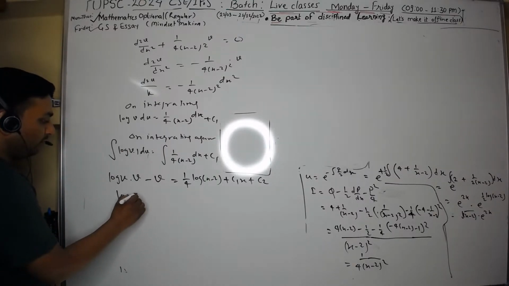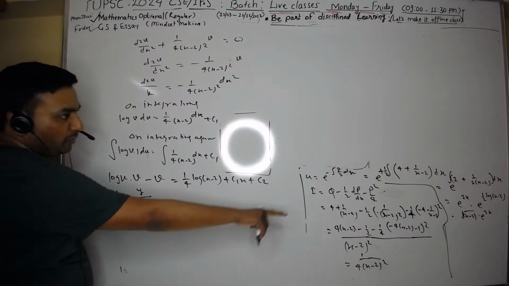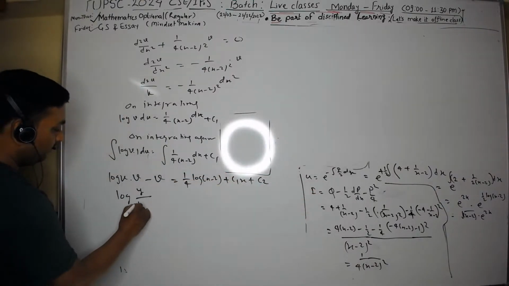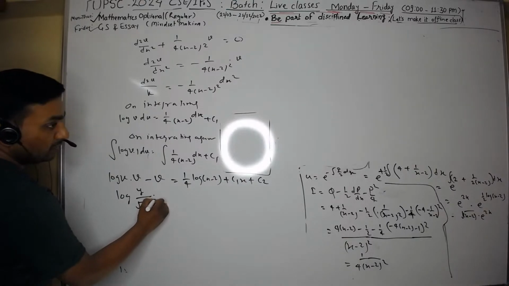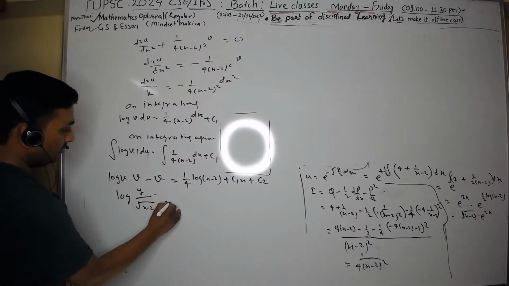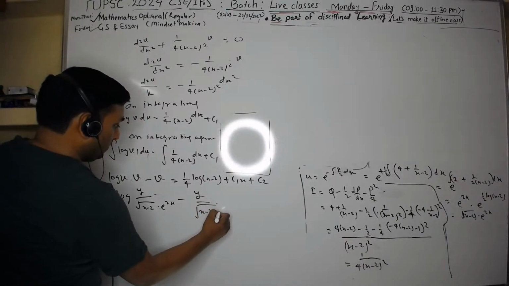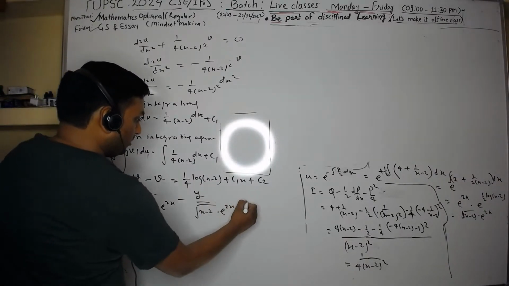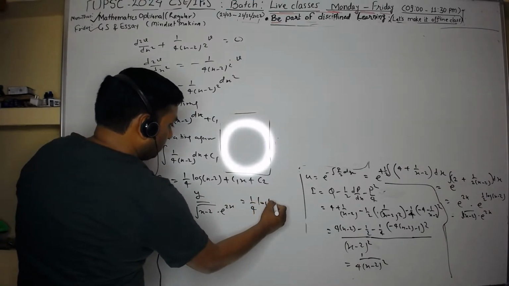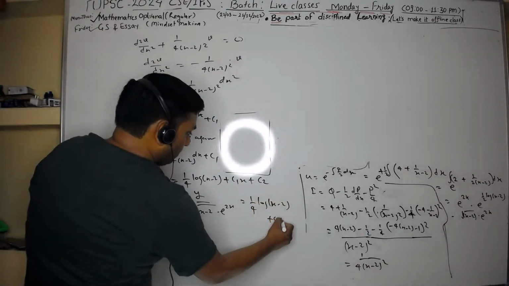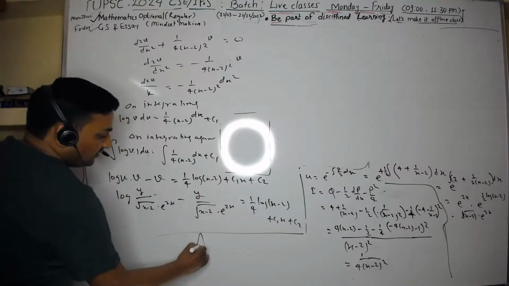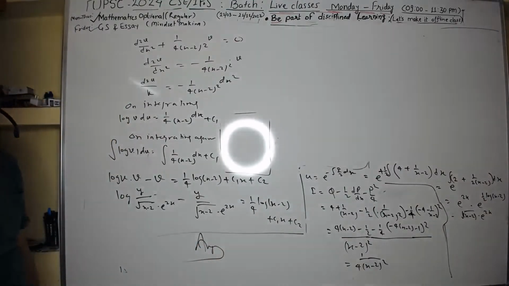So in log of v, in place of v we have to put our own variable, y upon u. U is what? This is the required answer.